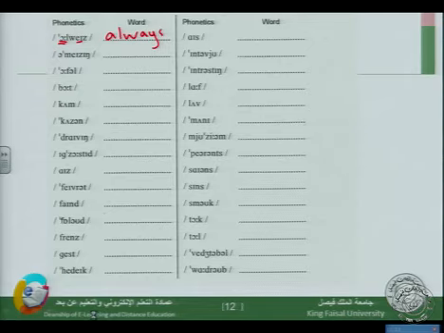Always. Amazing. Amazing. أو awful. Awful.